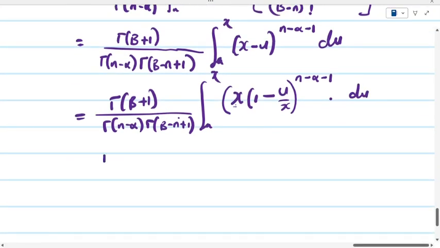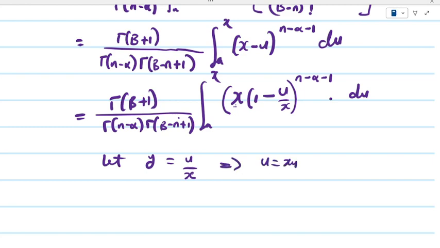So now let this fraction be y. Let y equal u over x, and with that we can have our u to be xy. Then our du is given as x dy, since y will be differentiated, so with respect to y we are going to have x left.